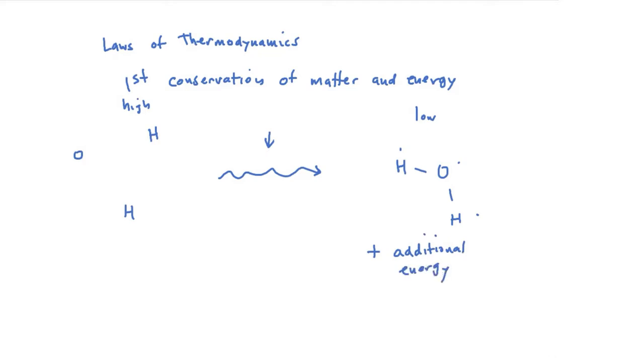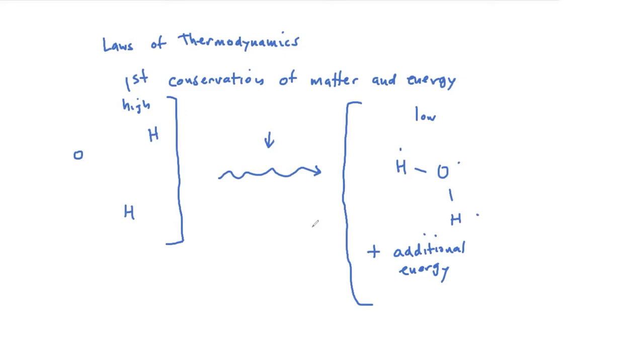Right? And so if you take the amount of energy that we have in the water molecule, add some additional energy, then you could account for all the energy that's there at the very beginning. Right? And so the amount of energy has got to be equal on both sides of the chemical reaction.